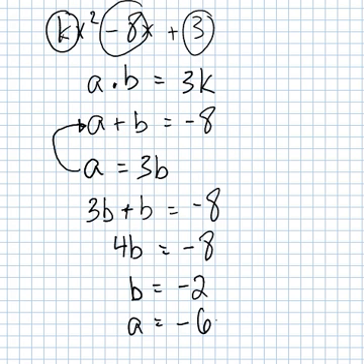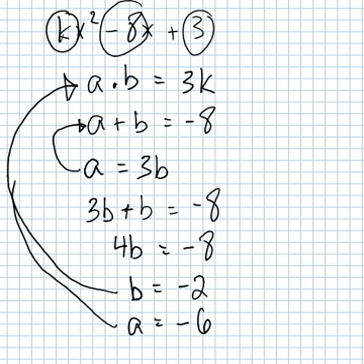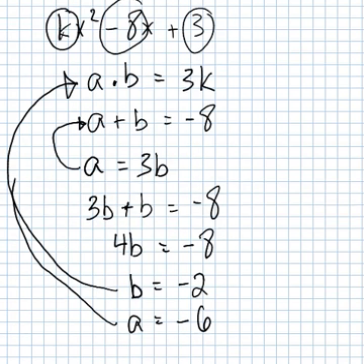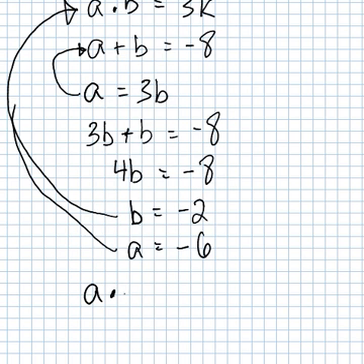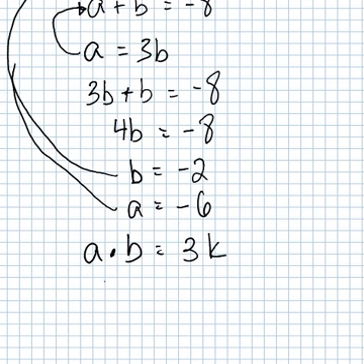Okay, and if I plug those numbers in up here, knowing that a times b is going to equal 3 times whatever k is, that's going to be negative 2 times negative 6 is equal to 3 times k.